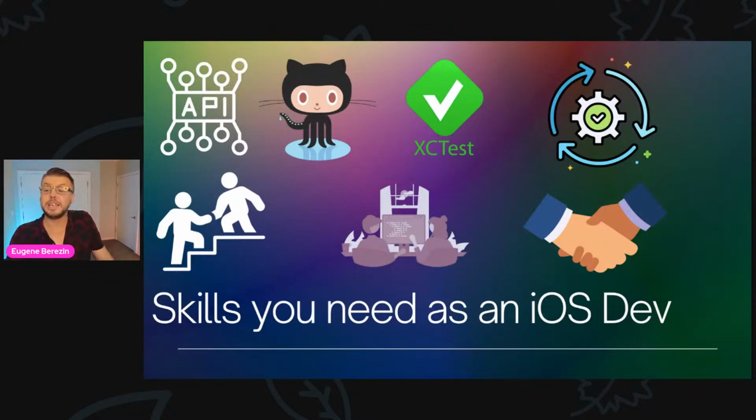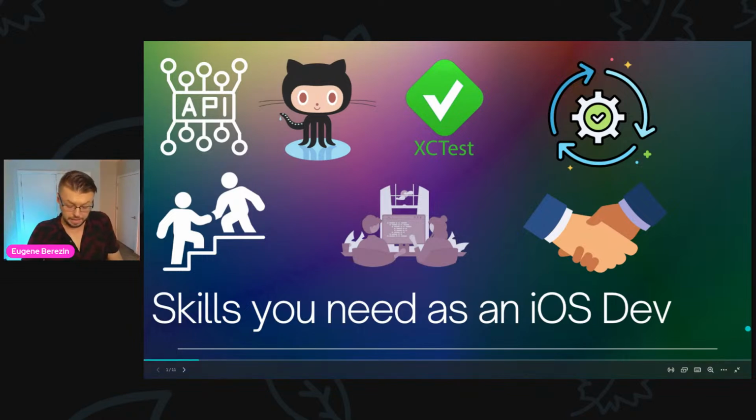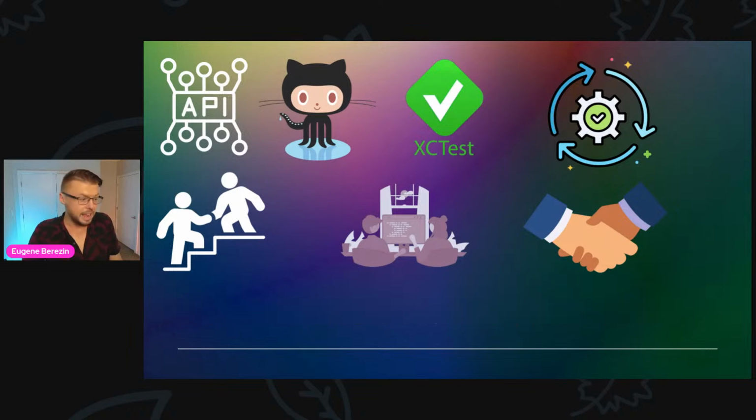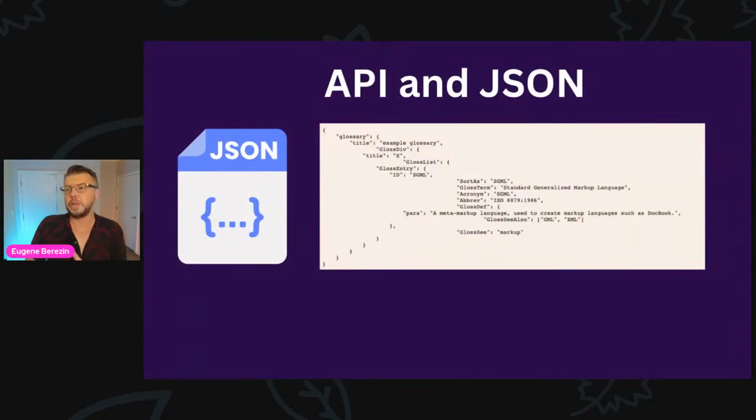What skills do you need as an iOS developer? If you have exposure to tech, if you are a QA or have done any kind of tech-related work, you might be familiar with this. The first important skill set is being familiar with APIs and JSON.